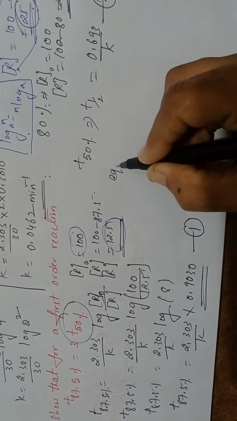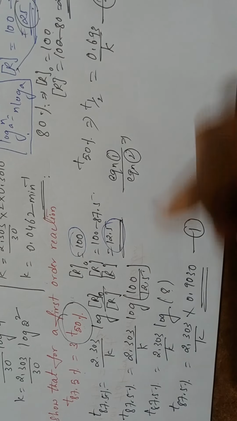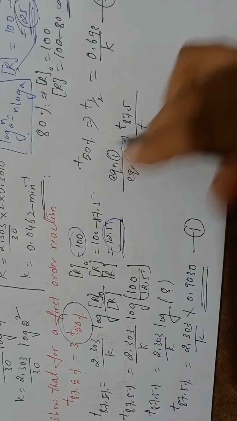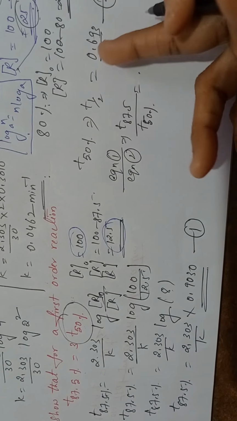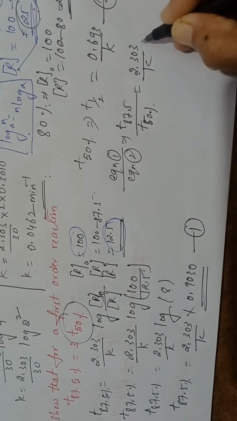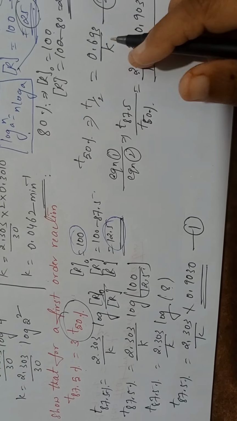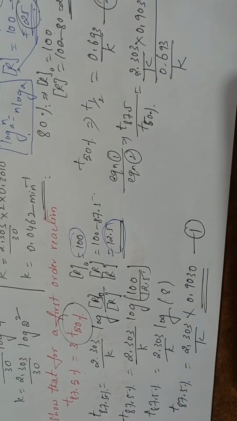Equation 1, T 87.5, is the LHS, and equation 2, T 50%, is the LHS, with the RHS parts being 2.303 by K into 0.9030 divided by T half, which is 0.693 by K. Correct?